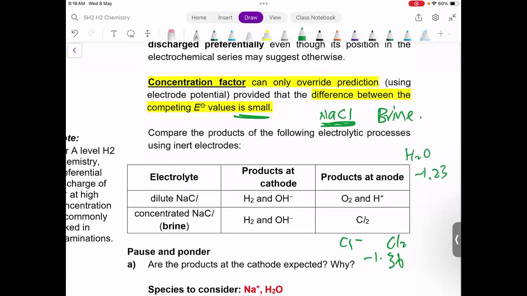I cannot tell you whether it's small enough or not. What is required in the syllabus is you must recognize that if it's sodium chloride versus brine, then it's small enough to change. If there is a bigger difference, then it must be implied by the question, so you have to read the question carefully, whether it implies that there is an override.